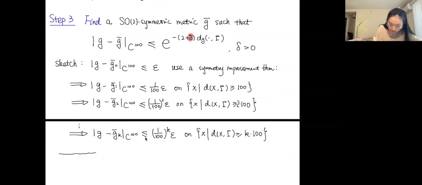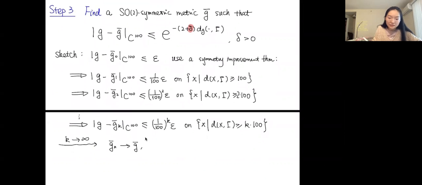Now we'll just let k go to infinity, and we take a smooth limit of these approximate metrics. So Gk bar converges to G bar, and this limit metric will satisfy the following estimate. For some small constant delta, we'll be able to find this exponential decay of the error.